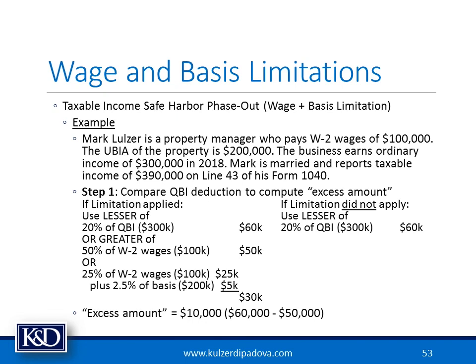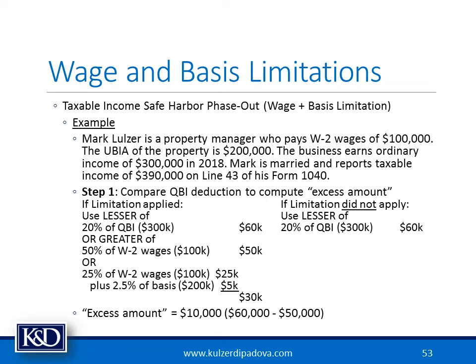So this is the phase-out of a taxpayer who has both wages and basis limitations he needs to worry about. We have Mark, who's a property manager, operated as a sole proprietorship, and he pays W-2 wages of $100,000. The unadjusted basis of the property is $200,000. The business earns $300,000 in 2018. Mark is married and reports taxable income of $390,000 on his 1040.